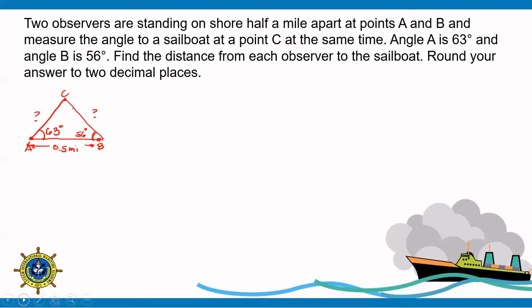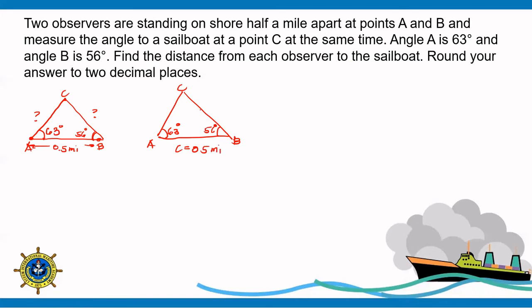Okay, so consider natin yung ating triangle. So basically, it would look like this. So this is your 63. This is 56. This is your A. This is your B. Yung C natin is hindi given angle, pero given tayo ng side C, which is 0.5 miles.